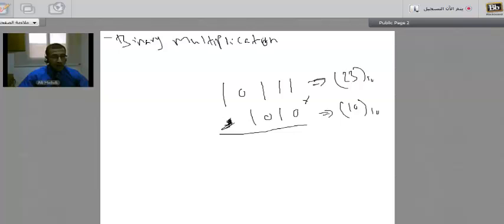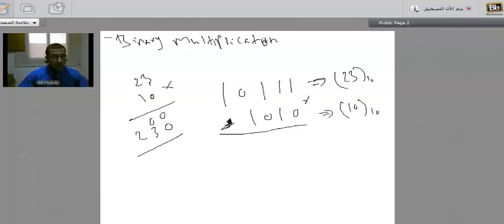Do you remember back in school when we used to multiply, for example, 23 times 10? You first multiply the zero by these numbers. And then you shift one place in the next line, and multiply the 1 by 23.